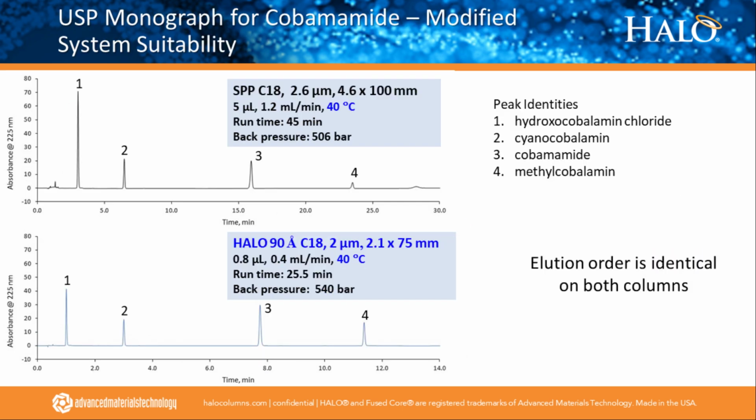Just to emphasize, the elution order using that system suitability mix is identical on both columns. We're able to speed things up by using that faster flow rate, smaller particle size, smaller ID, and shorter length column. So you get both that solvent savings and speed savings.